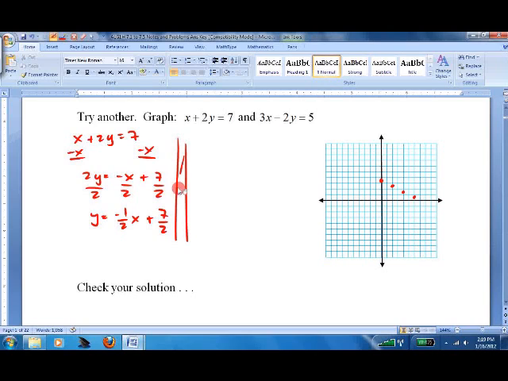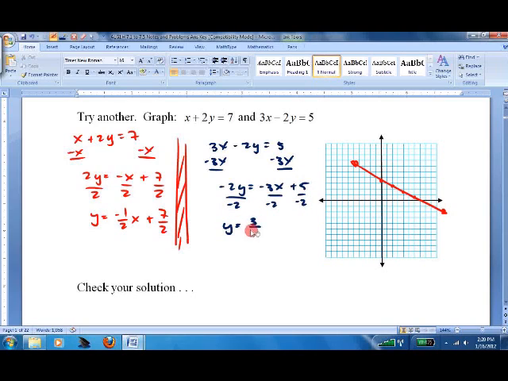Let's see where this other one ends up. See whether or not I need to add some more points. -5/2 is -2.5. 1, 2.